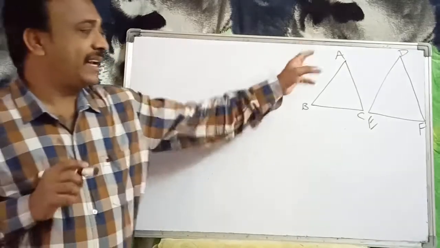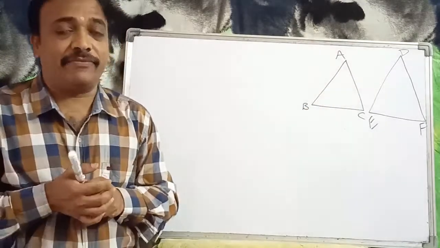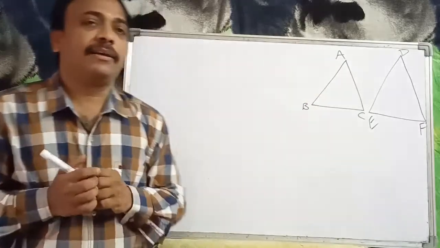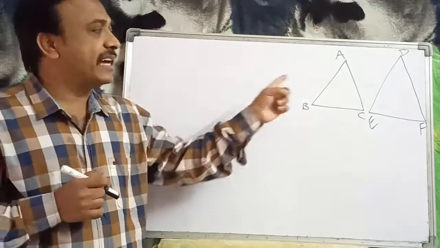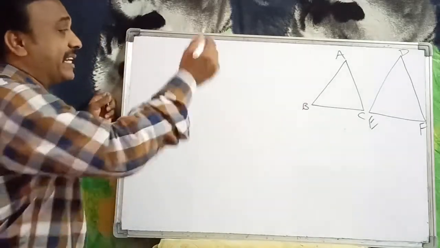Now, triangle ABC and triangle DEF. These are the two triangles. Their corresponding sides are in proportion. That is given.